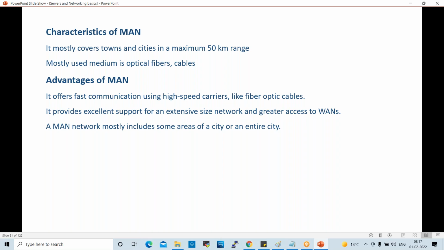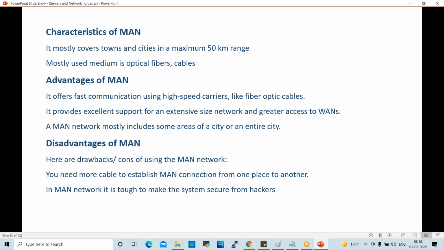It provides excellent support for an extensive size network and greater access to WANs. A MAN network mostly includes some areas of a city or an entire city, so we can configure it within the 50 kilometer range.